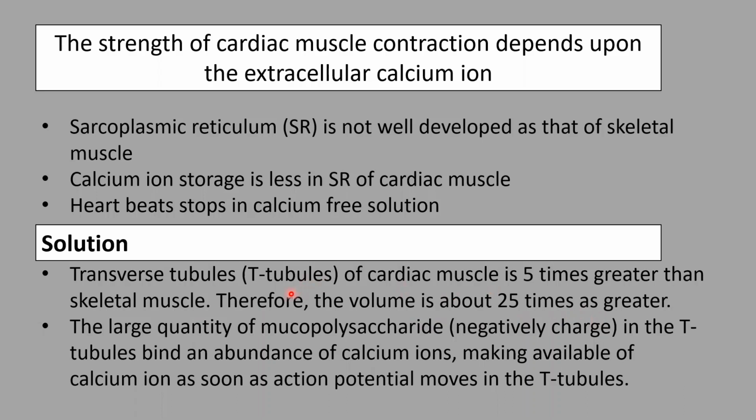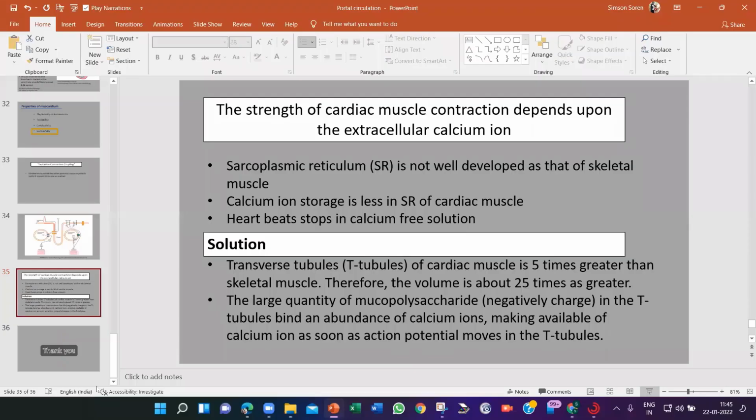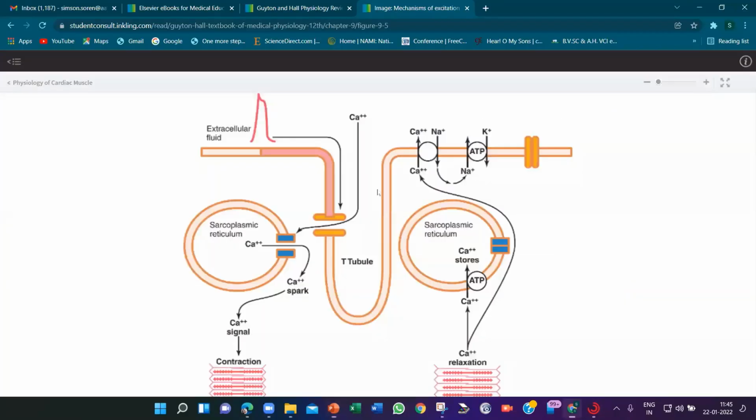Skeletal muscle also has T-tubules, but the cardiac T-tubules provide a large space for more extracellular calcium storage, and also because of the mucopolysaccharide present in the T-tubule, which is negatively charged, it binds the calcium ions, making calcium available in the T-tubule. So as soon as the action potential moves over the T-tubule, the calcium rushes into the cell and causes contraction of the myocardial muscle.